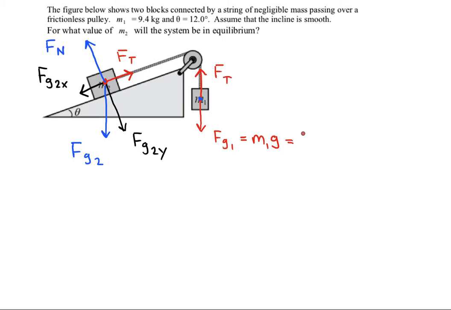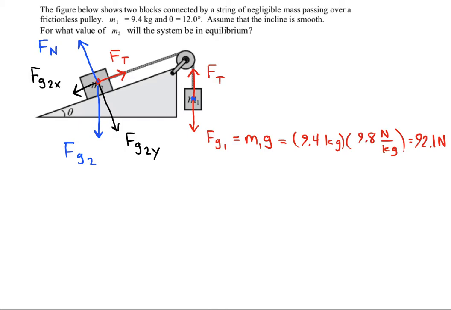So that's going to be 9.4 kilograms times 9.8 newtons per kilogram. It's 92.1 newtons. Alright, this tells us quite a bit, because if that's 92.1 newtons, then the force of tension must also be 92.1 newtons.